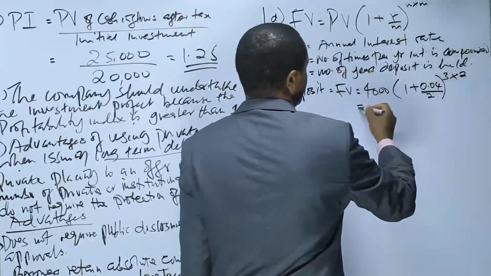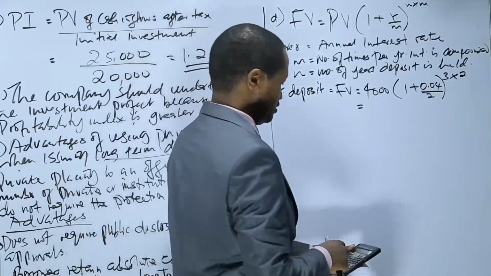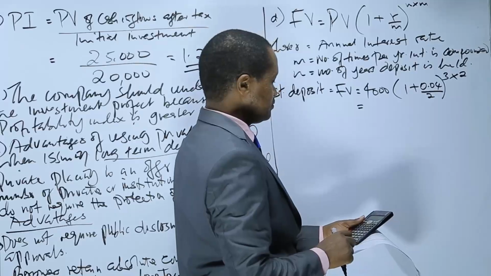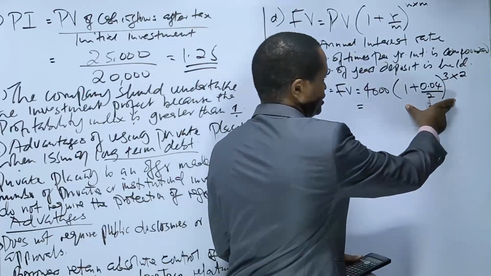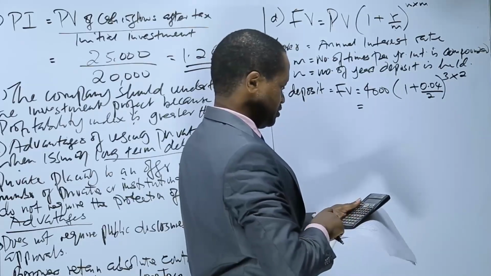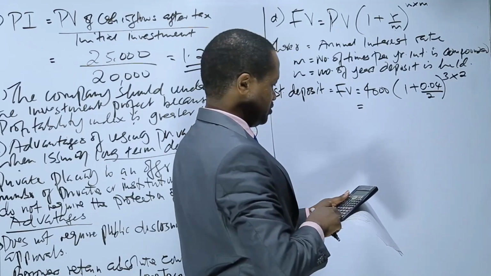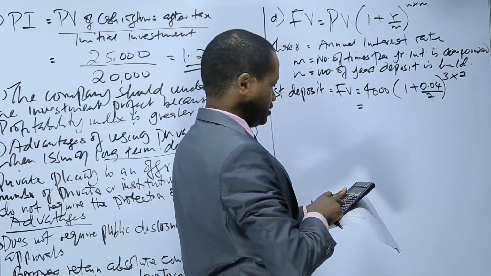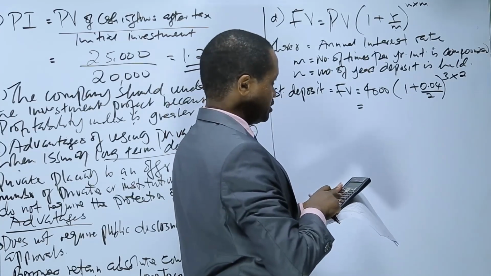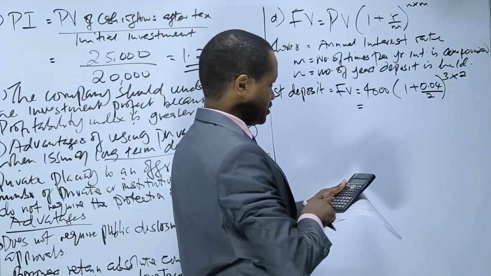So this will give us the amount after 4 years on the first deposit. I'll first calculate this factor: 0.04 divided by 2, raised to 6, then I multiply by 4,000.